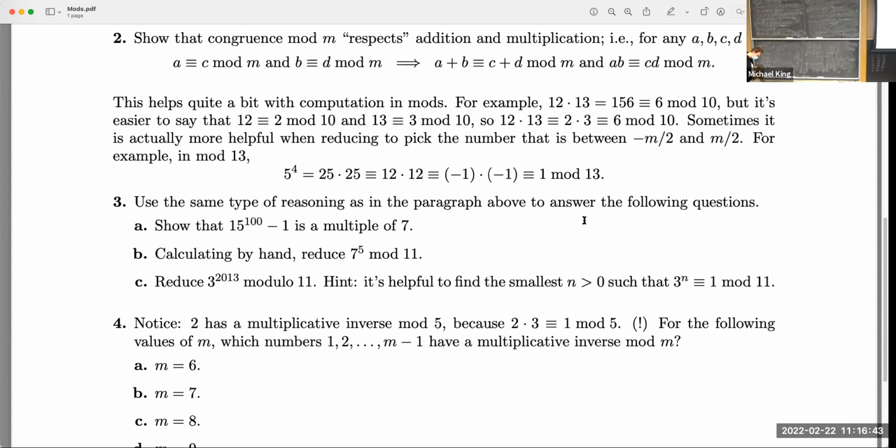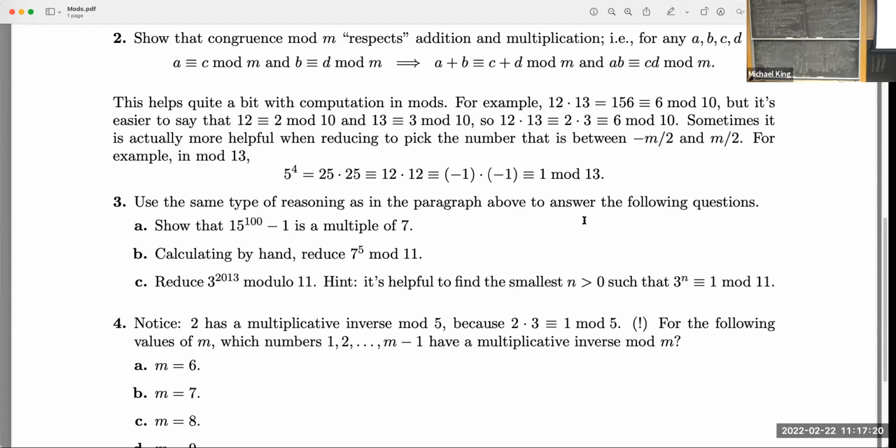So do you agree that 7 cubed is the same thing as 35 mod 11? 7 cubed is 7 squared times 7, which is congruent to 5 times 7, which is 35 mod 11. And then what's 35 reduced mod 11? What's the nearest multiple of 11? 33.